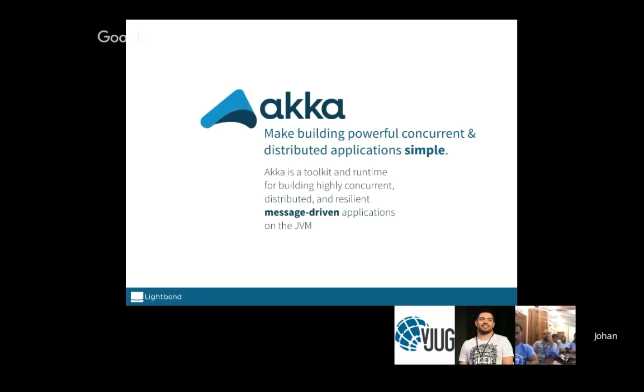So now I mentioned Akka a few times, but what is it? Akka is a toolkit, a library for building concurrent and distributed applications, and we aim to make that simple.